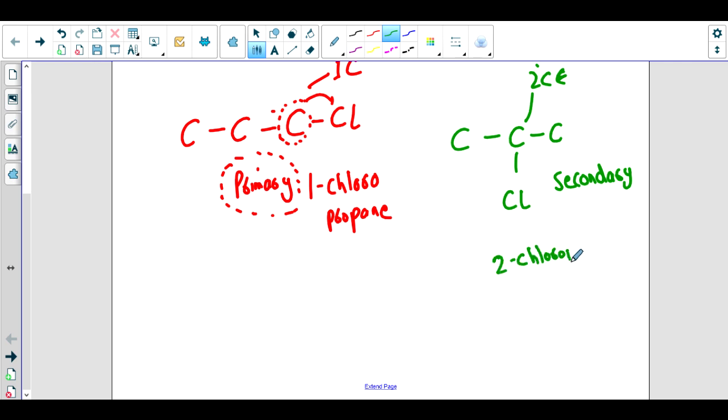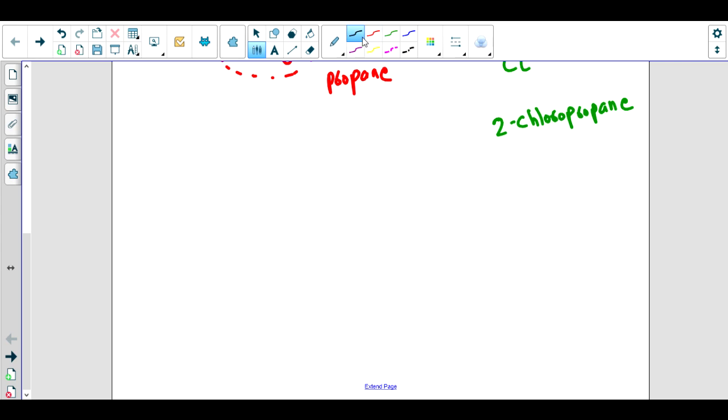You got the difference? In the first one, which is primary, the carbon which is attached to the functional group is only attached to one more carbon. In the secondary one, the carbon attached to the functional group is now connected to two carbons. Now, if the carbon attached with the functional group chlorine is attached to three more carbons, like you have a branch here also, and these can be carbons or hydrogens.